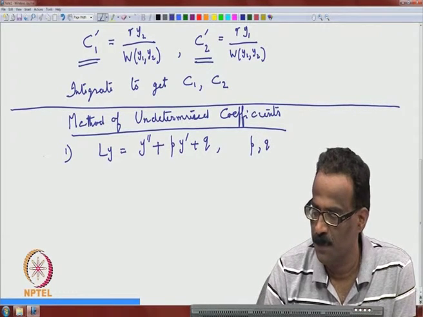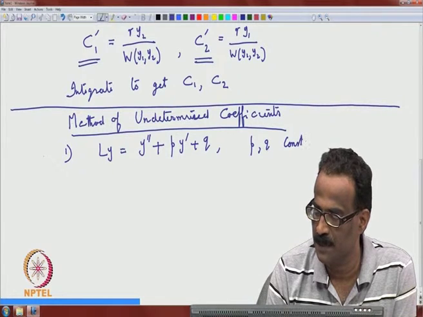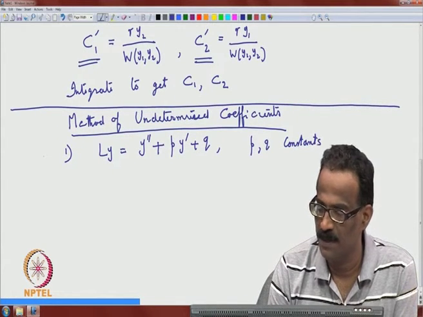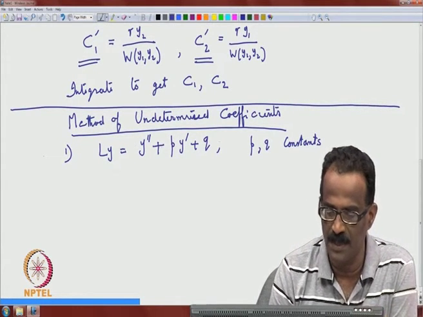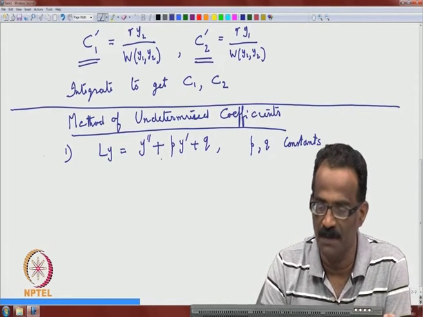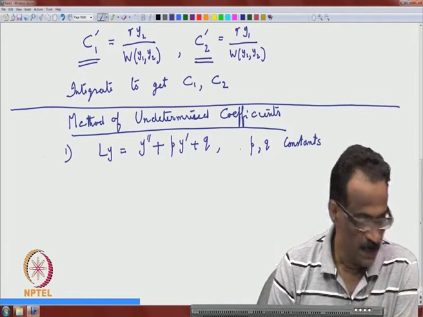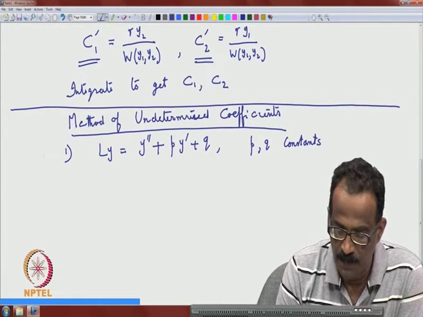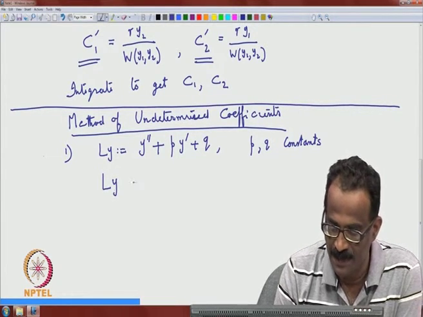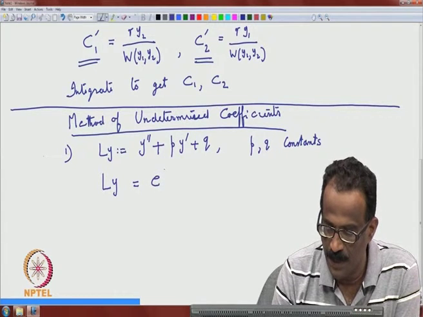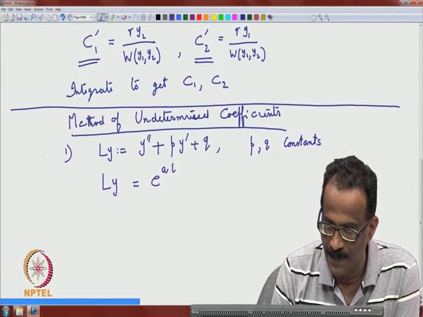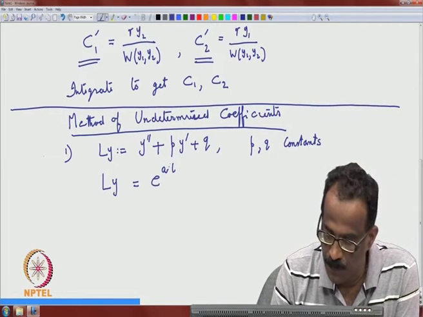You can write it with a, b, c, but a is non-zero, so it can be divided out, and you can write it in this form. This is the L y definition. So, a special right hand side: L y equal to e power a t form.